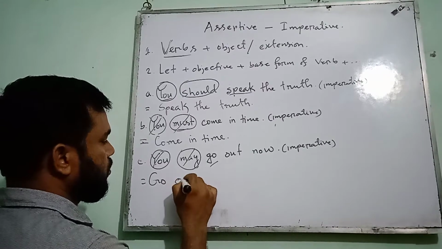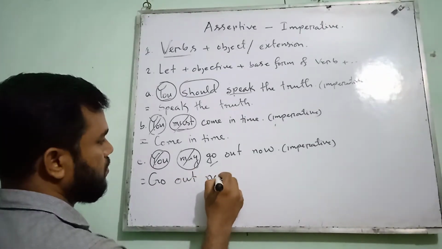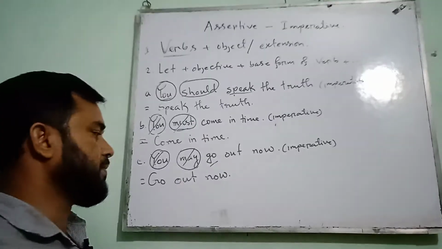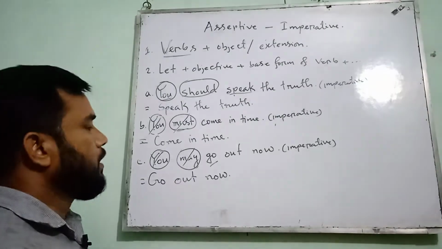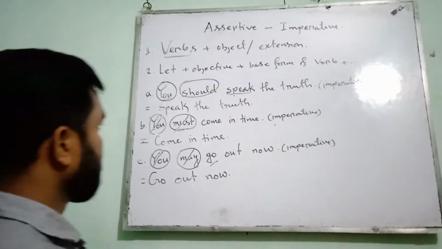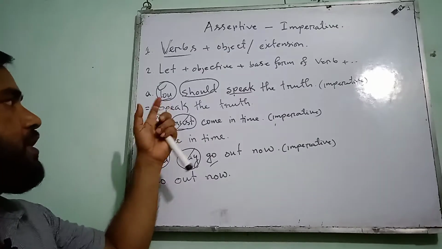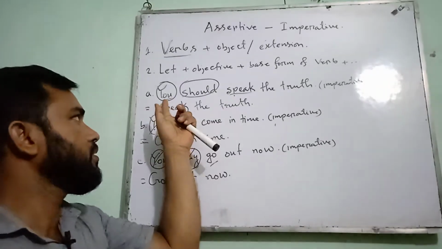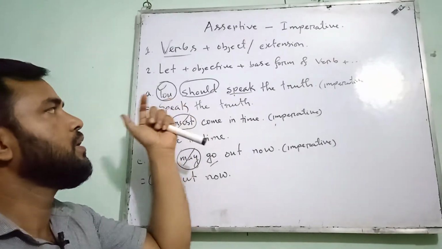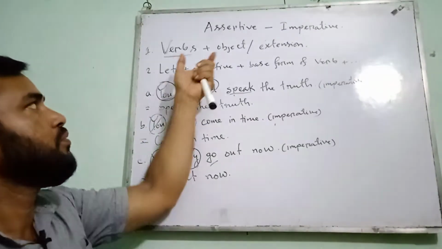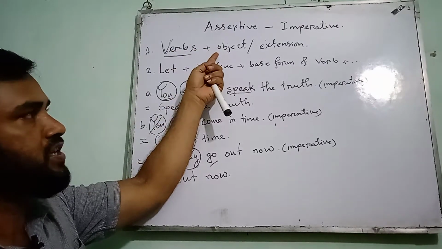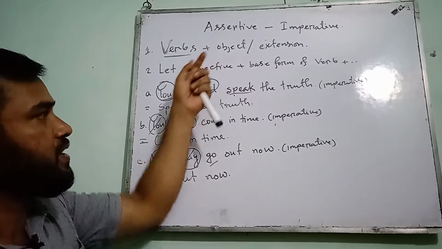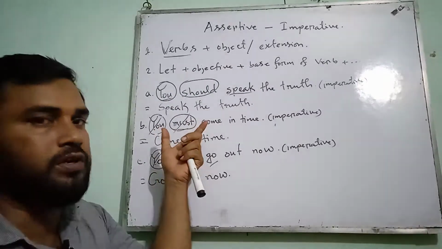So go out now, and this is an imperative sentence. Okay, so you can see that if a sentence begins with the subject you, then we have to use structure number 1 to make the sentence into an imperative one.